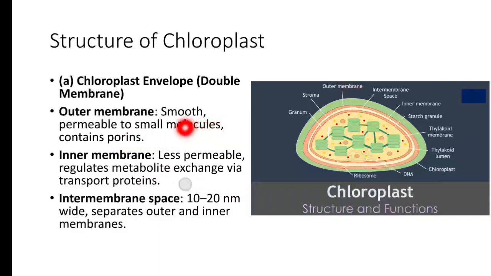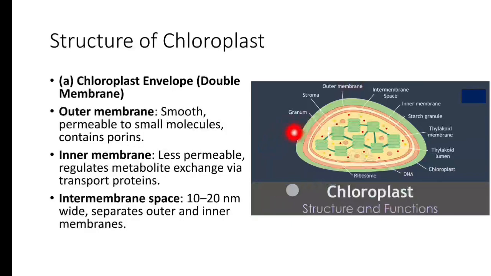So this is an example for gap junctions, where different types of charged particles, high molecular weight molecules, water molecules, and molecules of different polarity can easily diffuse across the outer biological membrane, whereas the inner membrane is less permeable and also regulates the metabolite exchange via transport proteins. There are more transport proteins on the inner chloroplast membrane, so that it cannot blindly permit all possible molecules inside the chloroplast.